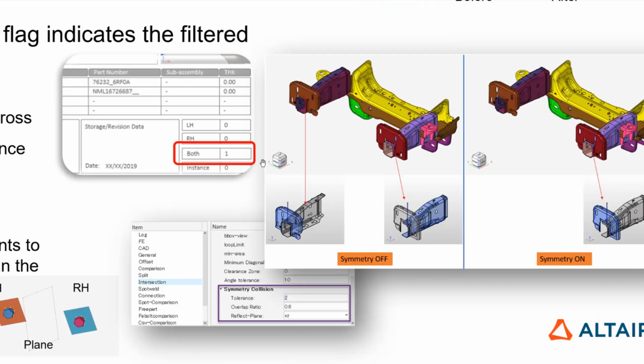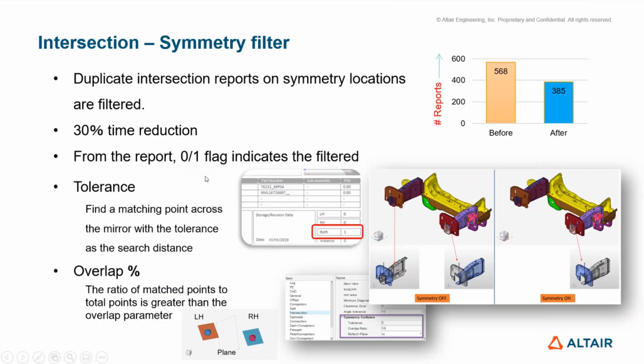Okay, so this option can be turned on from the intersection check configuration where the symmetry collision is, where you need to input the tolerance, overlap ratio and the symmetry plane. So this is the filter. By adding this, as I said, there are 1,000 slides created at almost 200 to 300 places where we can see this kind of repetition because of the symmetry.